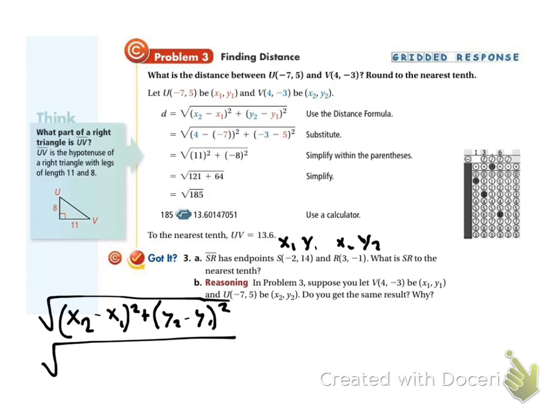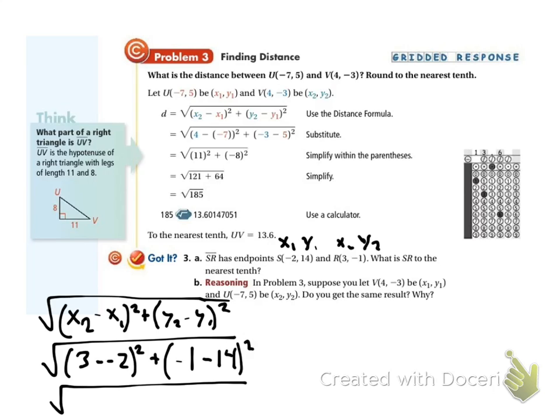So this is the square root of 3 minus -2 squared plus negative 1 minus 14 squared. So 3 minus negative 2 is the same thing as 3 plus 2. So this gives me 5 squared plus negative 1 minus 14 is going to give me a negative 15 squared.